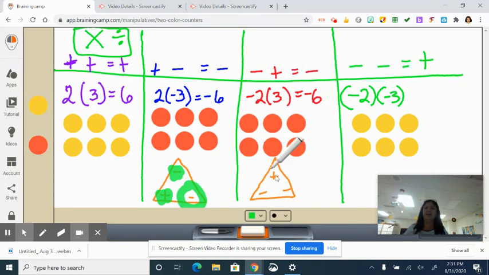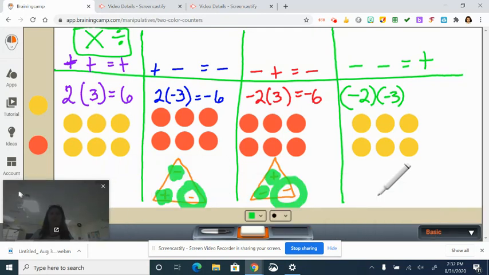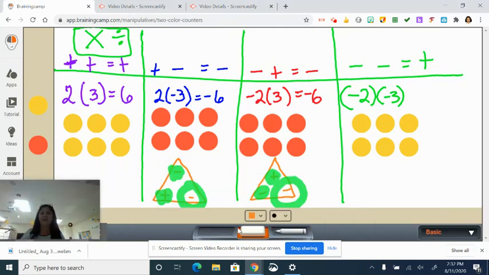I have a negative and a positive. I'm going to delete a negative and a positive, and it's going to leave me a negative. And for my last one, I'm taking my triangle, and I have two negatives. So I'm going to get rid of this negative and this negative, and I'm left with a positive.